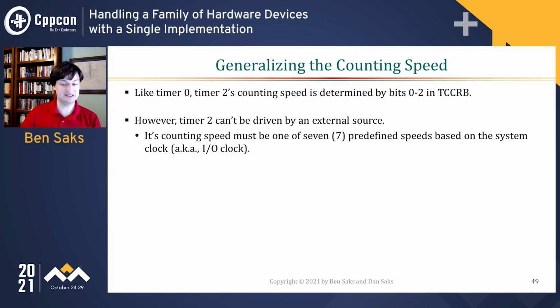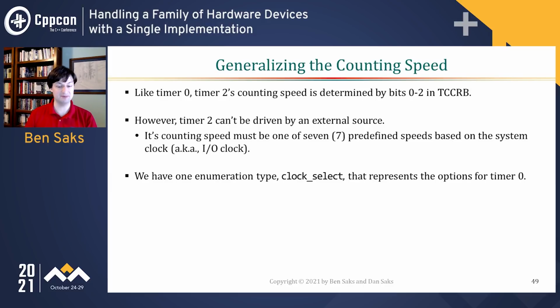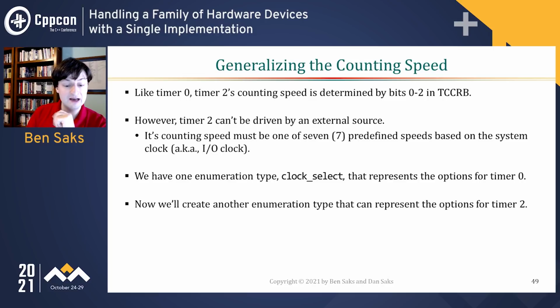Instead, it just has 7 predefined speeds based on the system clock that you can use, and your selection has to be one of those. For timer 0, we had an enumeration type clock select that enumerated the counting speed options for timer 0. What we'd like to do now is have another enumeration type, separate from that one, that represents the different set of options that are available for timer 2.